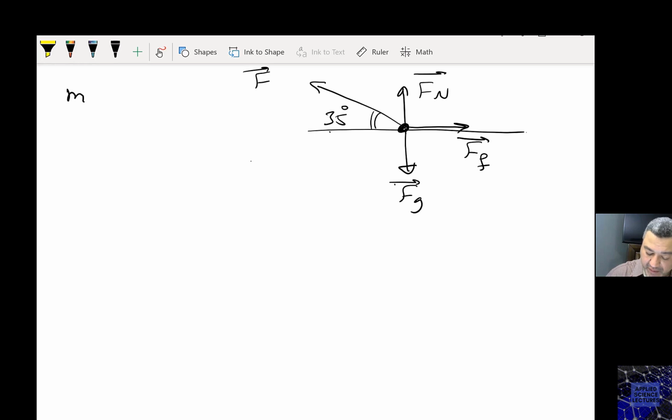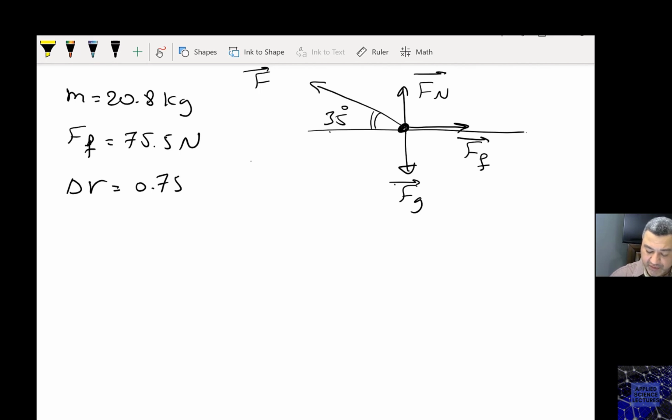So I have N, 20.8 kilogram. That is 75.5 Newton, delta R times 0.75 meter.